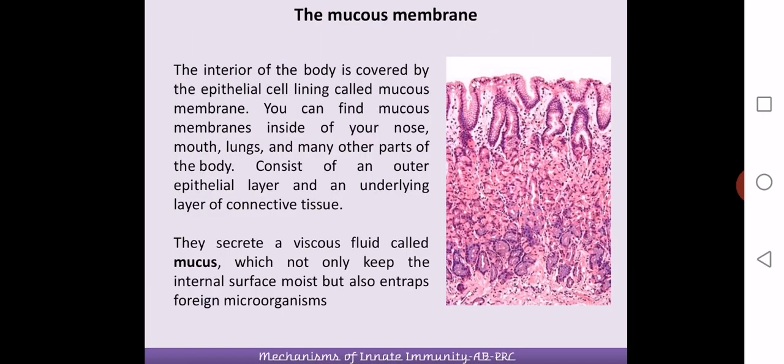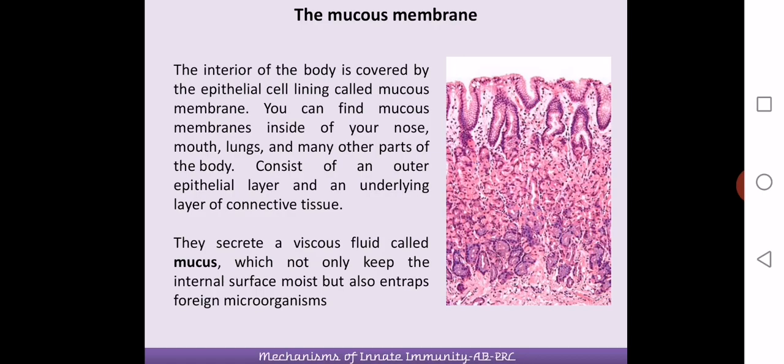Now we'll move into the second anatomical structure, that is the mucous membrane. And this is the interior protective layer. The interior of the body is protected by an epithelial cell lining, which is called the mucous membrane. And you can see these layers in the interior of the nose, mouth, lungs, and all the other various internal organs.